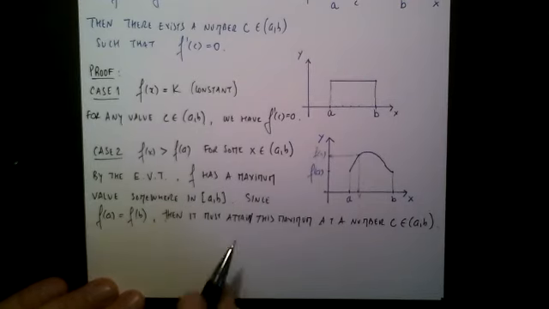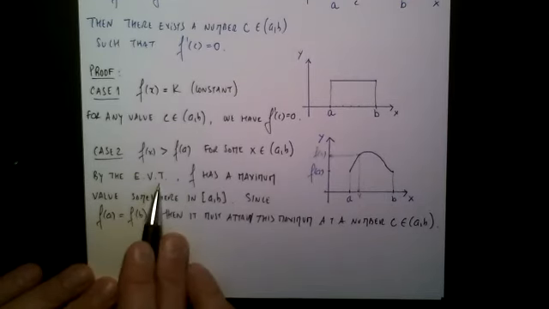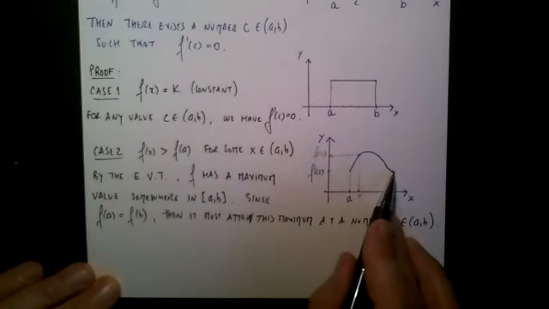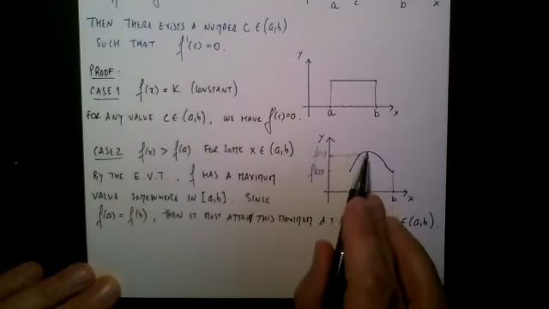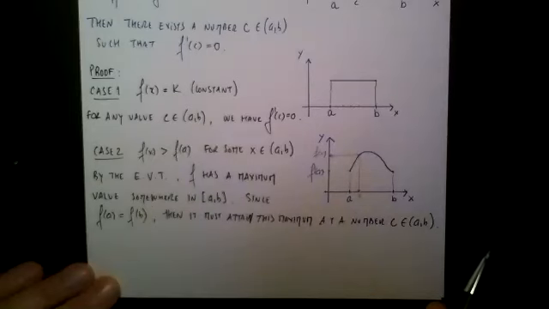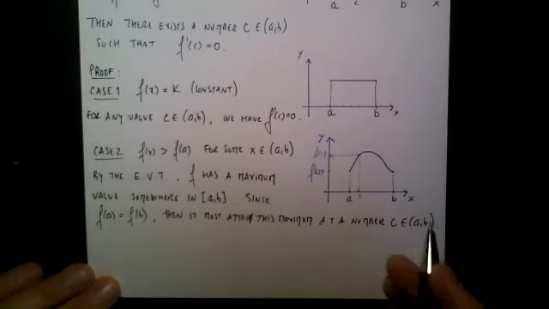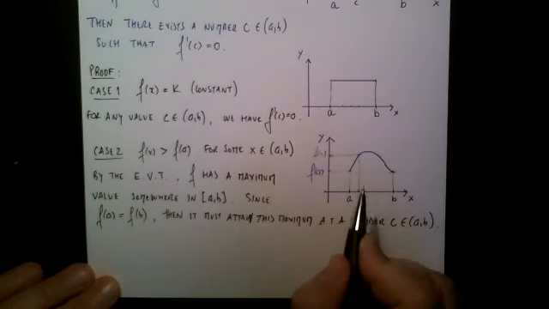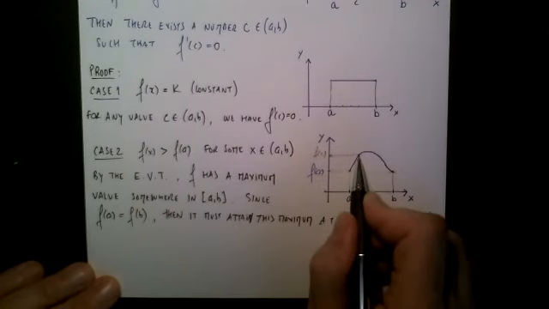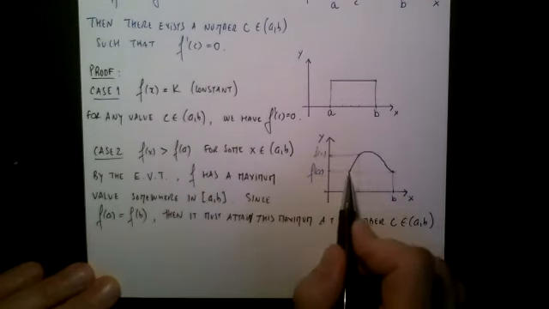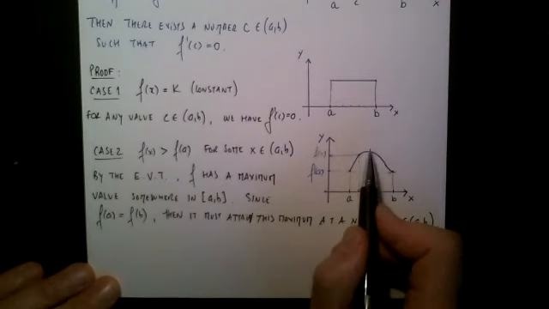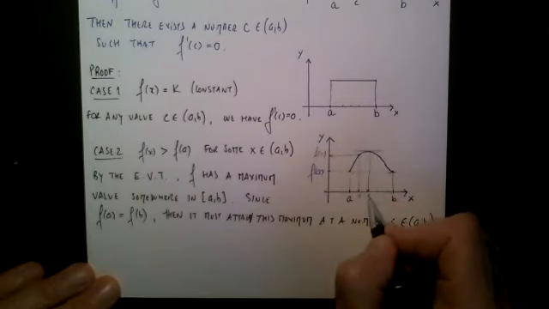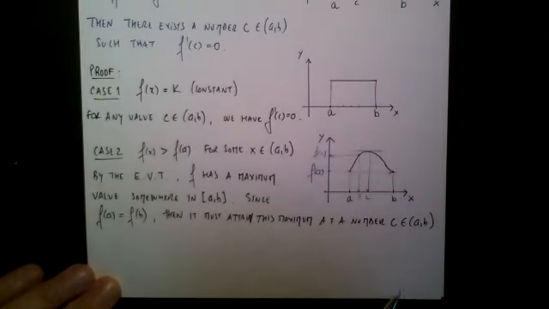Now by the extreme value theorem, we know that a function which is continuous on an interval definitely attains a maximum value, guaranteed. Since f of a and f of b are the same, and I have a value that's above f of a inside, then there's for sure going to be a maximum value inside the interval.